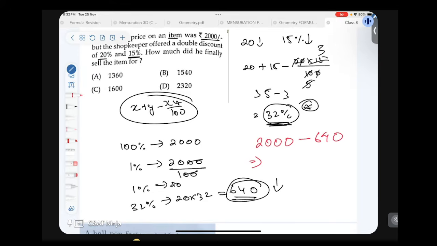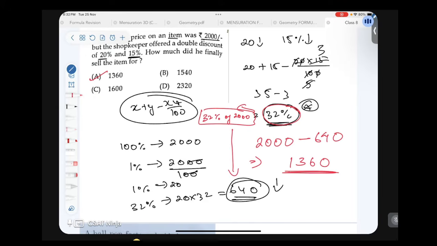So what will be the value? 0 there. 9 minus 4 is 5, and 9 minus 6 is 3, and 1 is taken. That means 1360 is our answer, which is option A here. You can also, from this point, go with another variation, which is you find 32% of 2000 also. If you use this approach, you will get this value. But another approach is also this way.